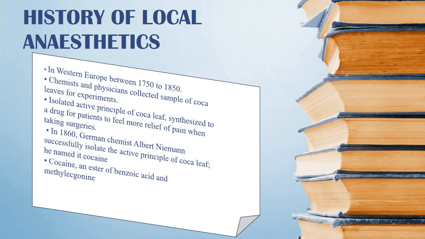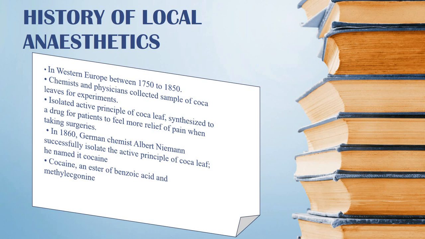during the surgeries. So, in the year 1860, German chemist Albert Niemann successfully isolated the active principle of coca leaf, and he named that active principle component cocaine. And what is cocaine?